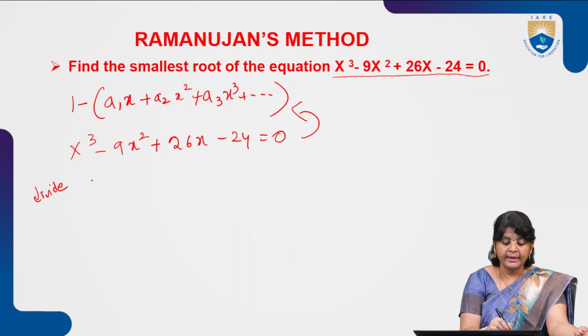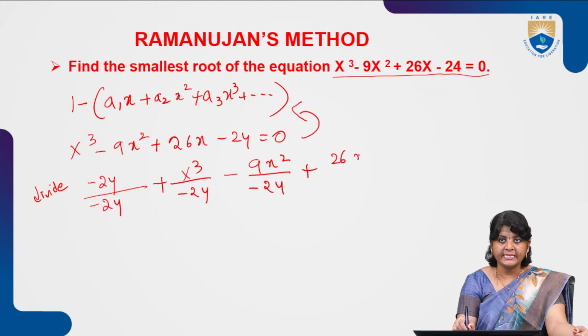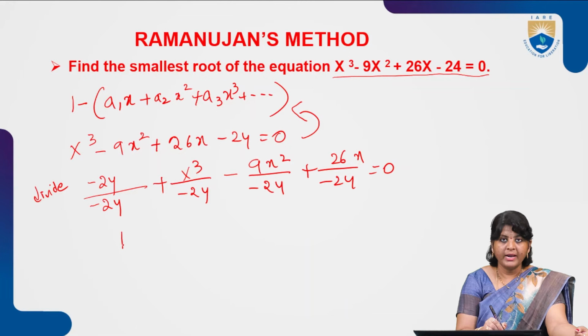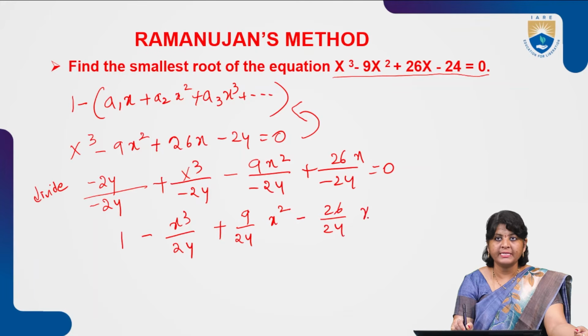So minus 24 by minus 24 plus x cube by minus 24 minus 9x square by minus 24 plus 26x by minus 24, or else you can change this into one particular format. So 1 minus x cube by 24 plus 9 by 24 x square minus 26 by 24 x.